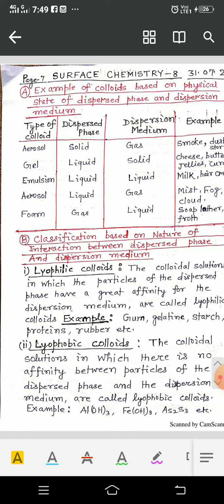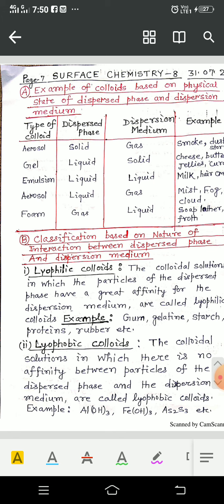Here I mean to say that the first type is based on the state of dispersed phase and dispersion medium, whether if the dispersion medium is liquid, then it is liquid sol. If the dispersion medium is solid, then it is solid sol. If the dispersion medium is gas, then it is known as aerosol.